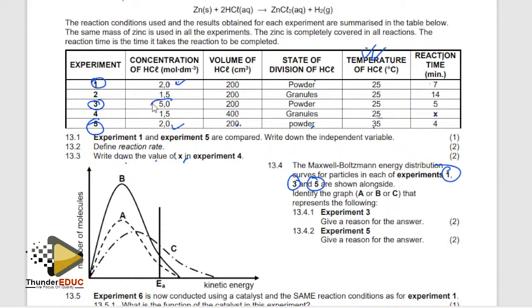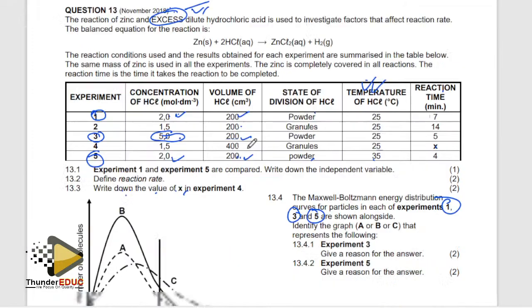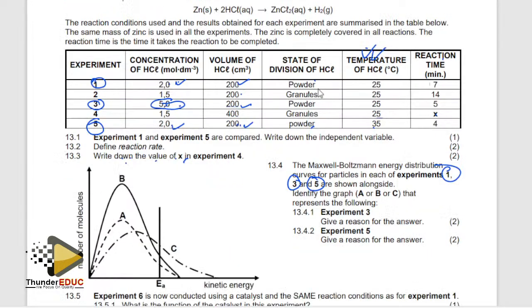This is different, the concentration. So we expect this to be a little bit faster, but we shall find out if it is going to be faster. Volume doesn't matter. Why? It's the same, and number 2 is dilute, so we said it's in excess, so it doesn't affect. The state, this is powder and this is powder, so it's the same. You see now, the first key point is here.